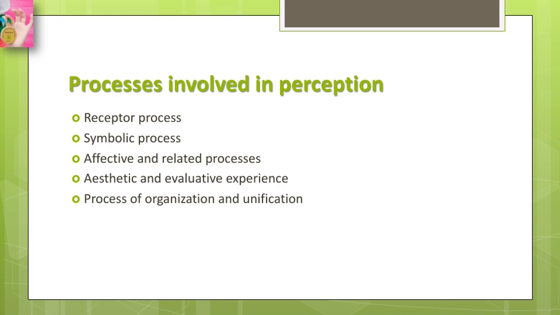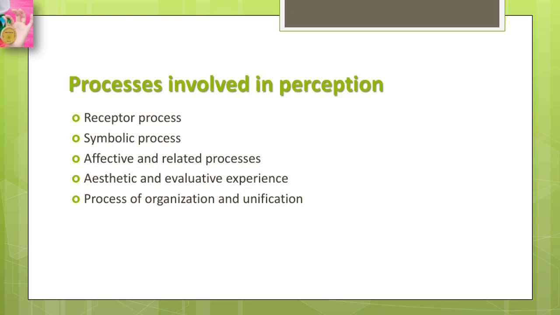The rose flower, for example, by virtue of its presence, stimulates different receptor cells and thus activates different receptor processes. And perception also includes symbolic process.